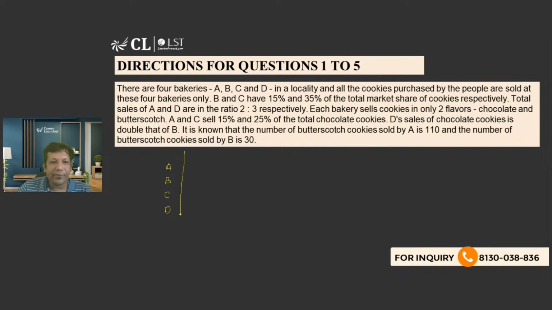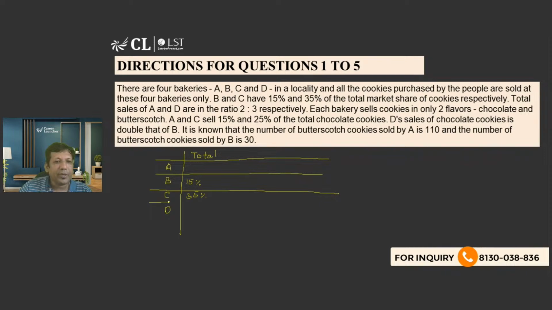And we have the total. So out of total, what amount is A selling? It says B is selling 15%, and C is selling 35%. So 50% is done.